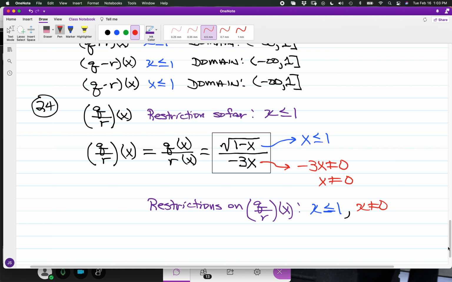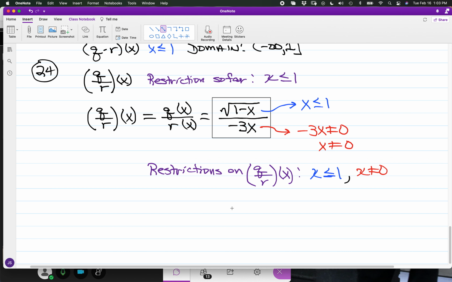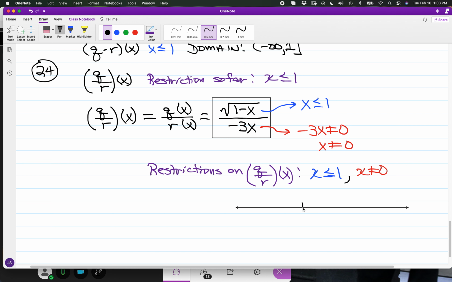Looking at the domain of q over r of x, this is going to have a feel of sort of threading a needle. The determination of the domain is a bit challenging, because right now we have two values of concern: 0 and 1.